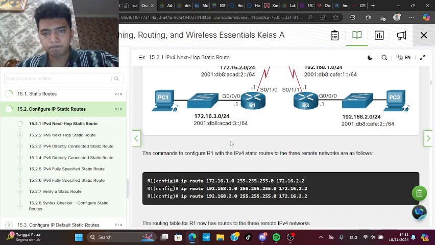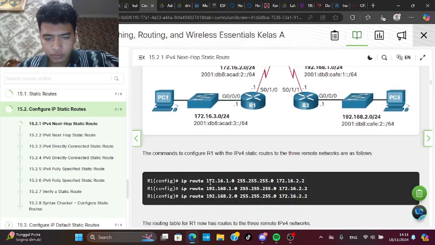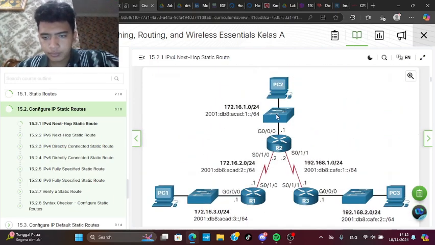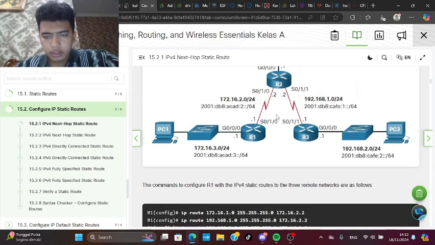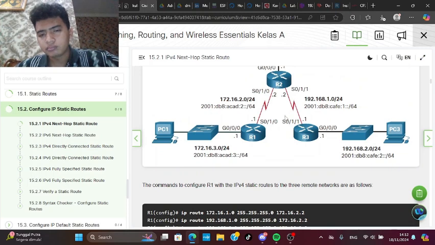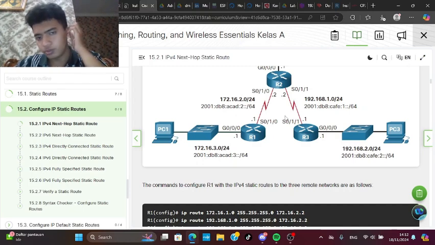So we add the switch above router 2, as we can see, IP route 172.16.1.0, which is this one, and then we add the address of router 3, which is 192.168.1.0/24, and then we add the network address for the connection between router 1 and router 2, which is 172.16.2.0/24.